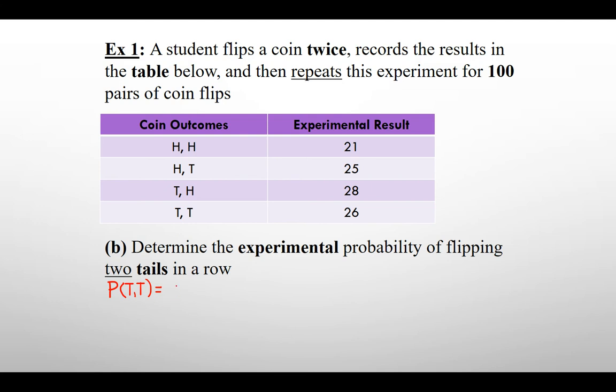I'm going to write down the number of times the desired result obtained, divided by the number of times the experiment was performed.